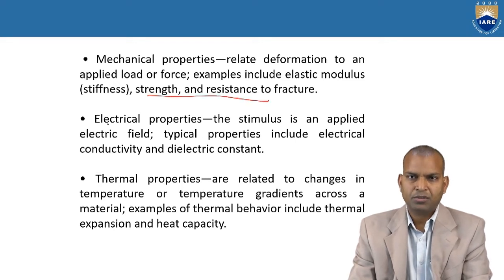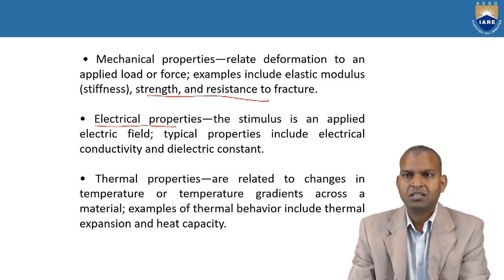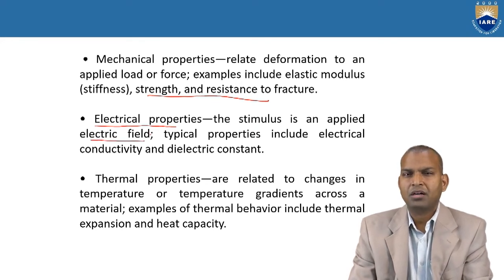And what are the electrical properties? For electrical properties, the stimulus is an applied electric field. What is the response when an electric field is applied? The response is electrical conductivity and dielectric constant.